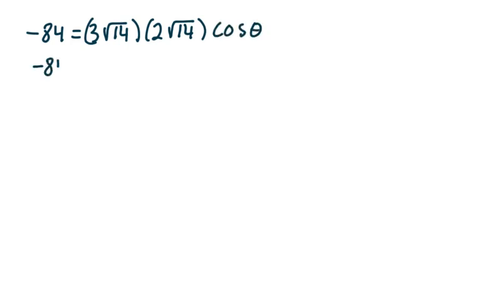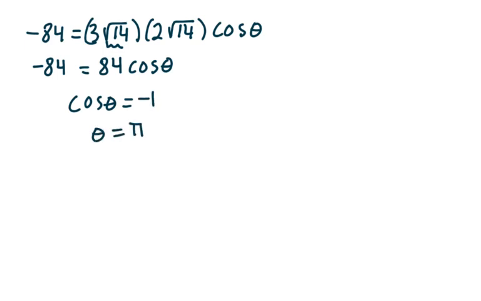So -84, remember that square root of 14 times square root of 14 is 14. 14 times 3 times 2 ends up being 84. So this is 84 cosine theta. Okay? So cosine of theta is -1, and that tells me theta is pi. And so once theta is pi, that tells me A and B are parallel.